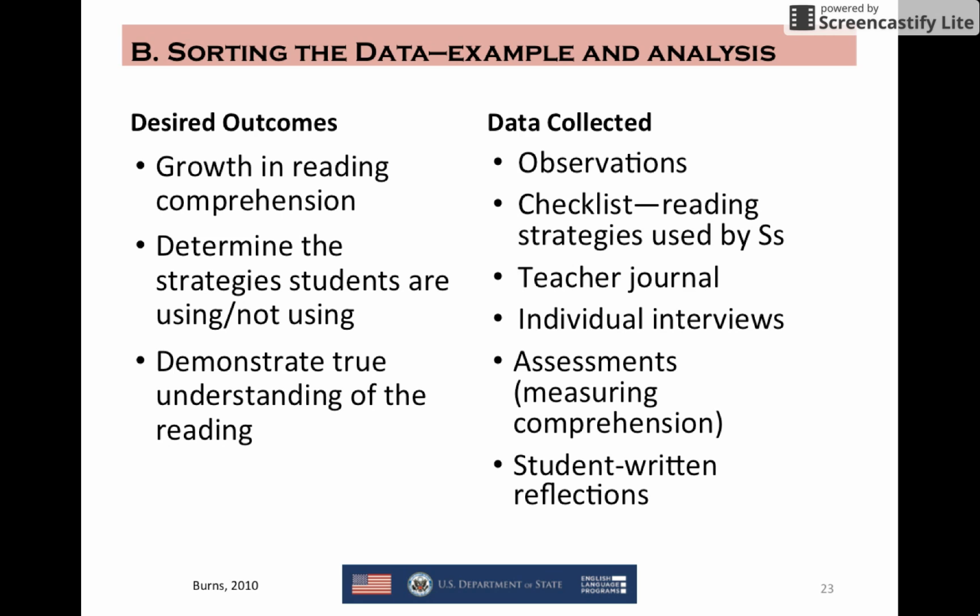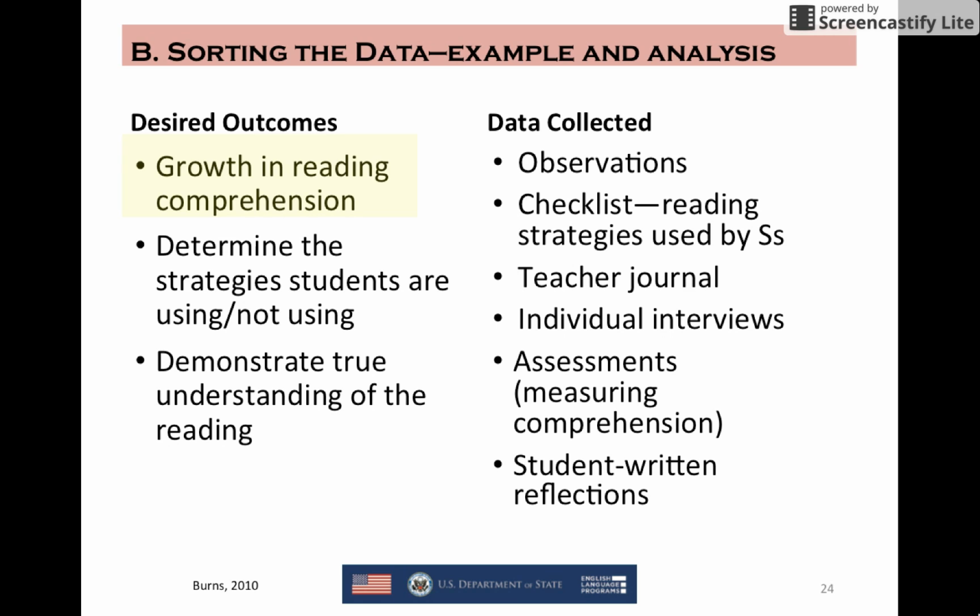Now the teacher needs to sort through the data. In the right-hand column, we have the data the teacher has collected. In the left-hand column, we have the desired outcomes she has for her students. To sort through the data now, we have to figure out which data helps the teacher know students have achieved the desired outcome.